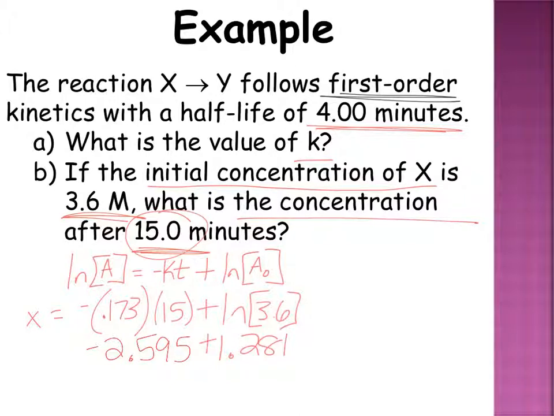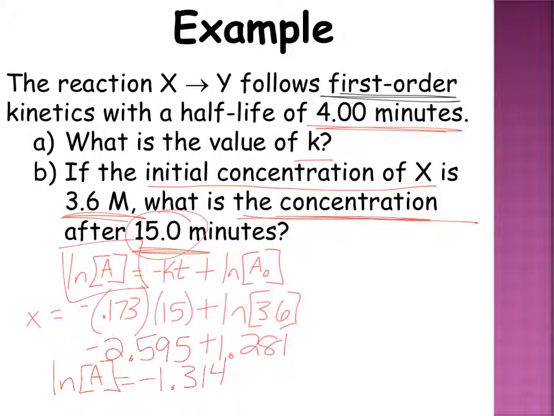I got negative 1.314. Now that, of course, is equal to our x, which is actually the natural log of A, right? We were not asked for the natural log of A, because that's what we found so far. We were asked for the actual concentration, so we actually want A.